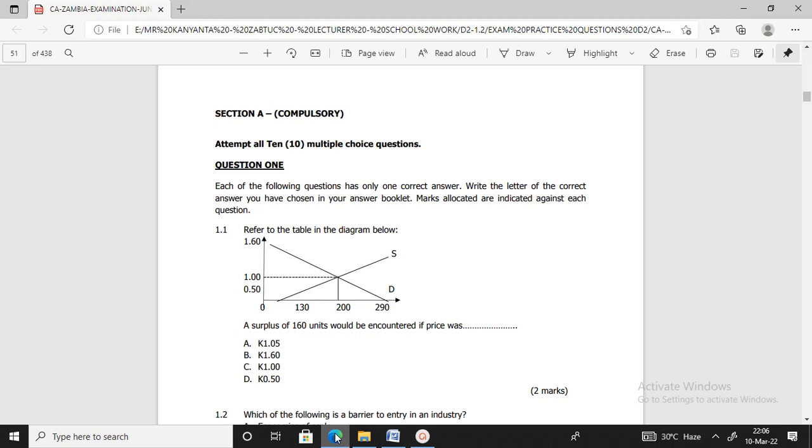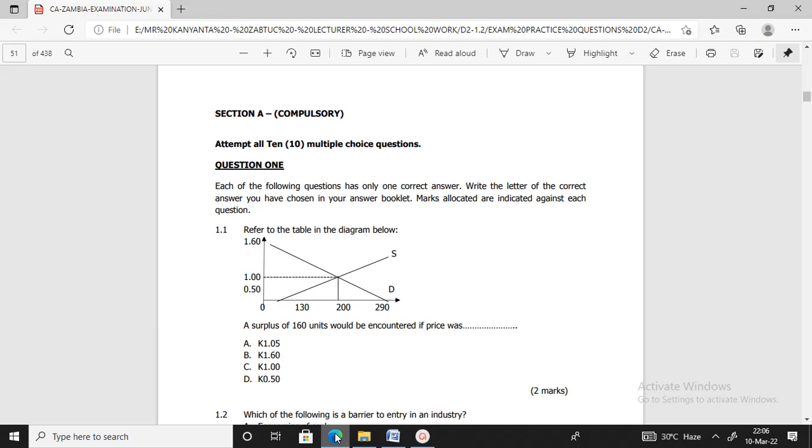When the price is lower than the equilibrium price, you have shortage instead of surplus. So if the question is talking about surplus, then the price must be above 1. So the only possible solutions are A and B. Now let's look at B. B, the price is 1.6. If you look at 1.6, that's the price at the top there.